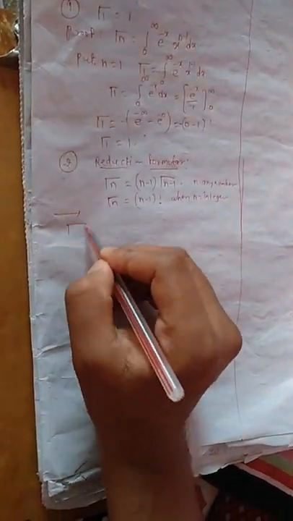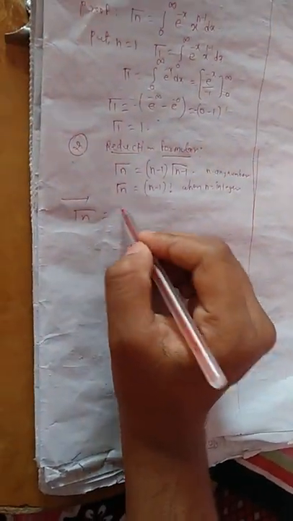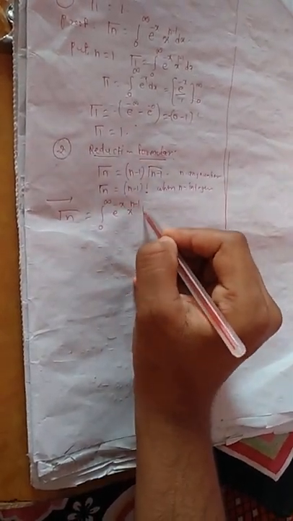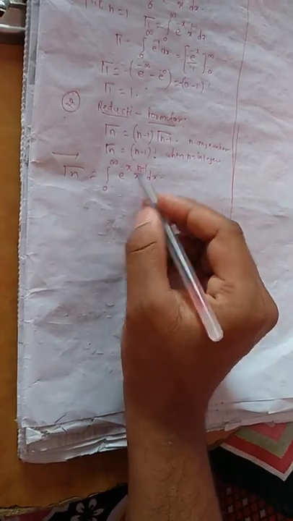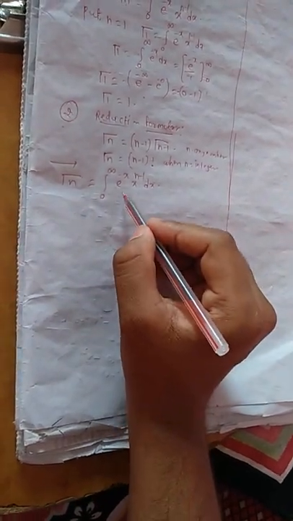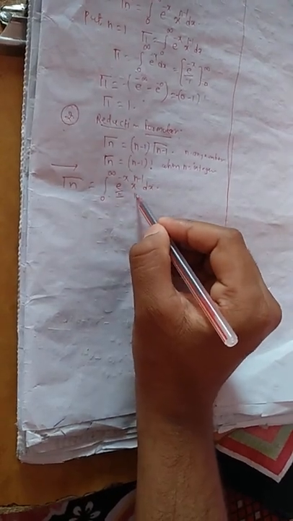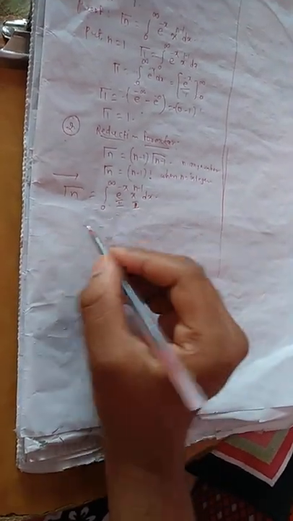Now we'll see the proof of this property. Again, the definition of gamma n is equal to integration 0 to infinity e raised to minus x, x raised to n minus 1 dx. By parts rule, LIATE. So the second function is e to the power minus x, the first function is x raised to n minus 1.